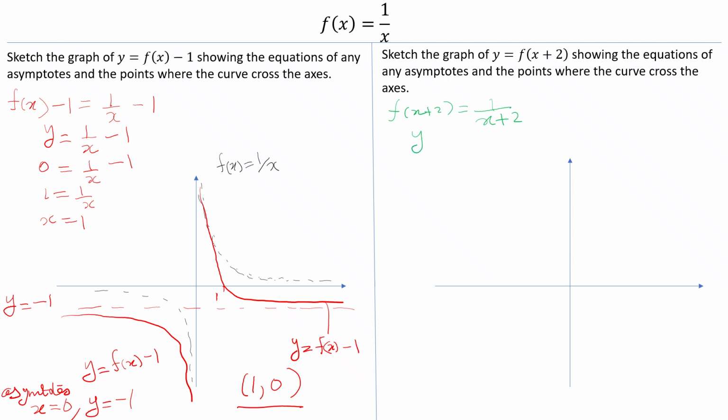So the equation is y equals 1 over x plus 2. So when x equal to 0, y equals half.